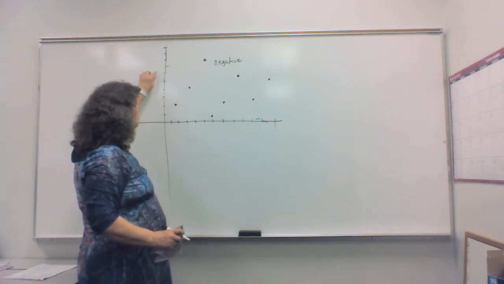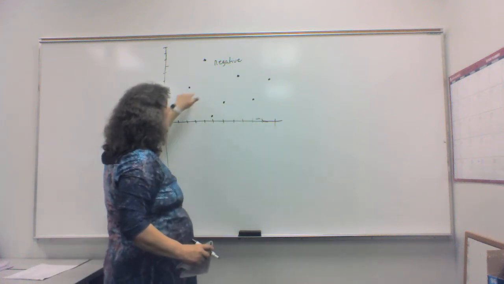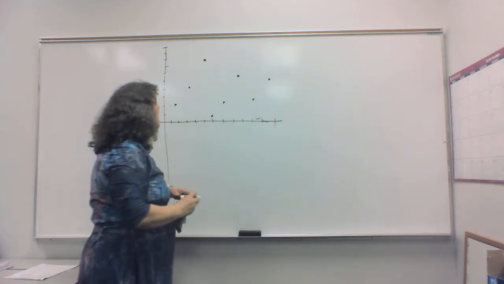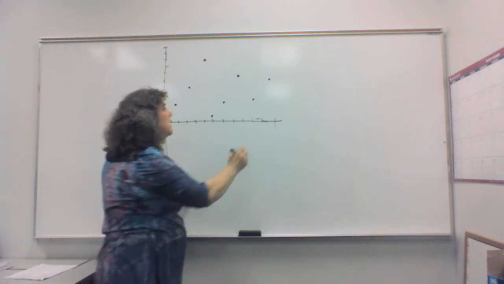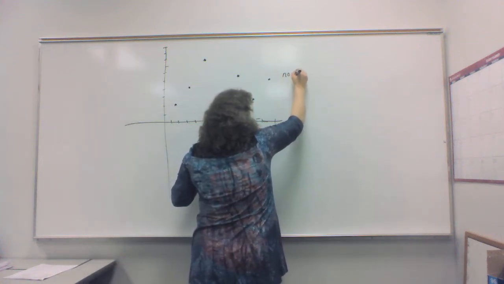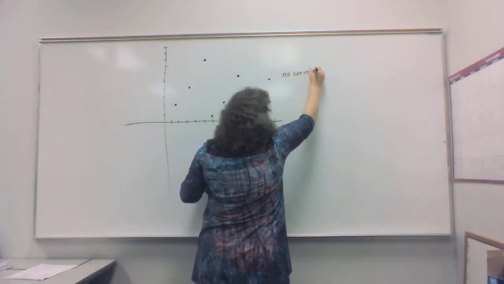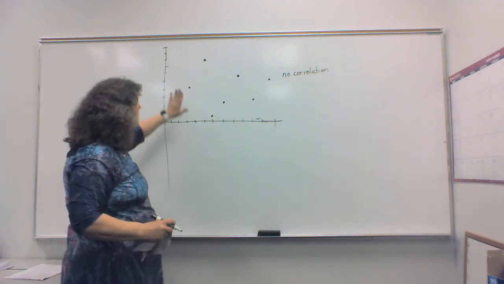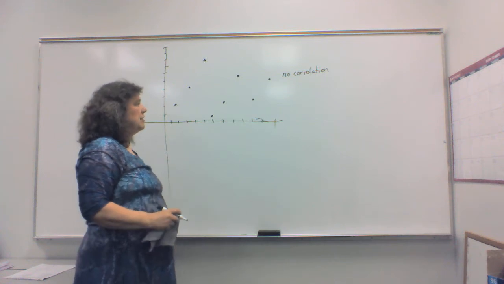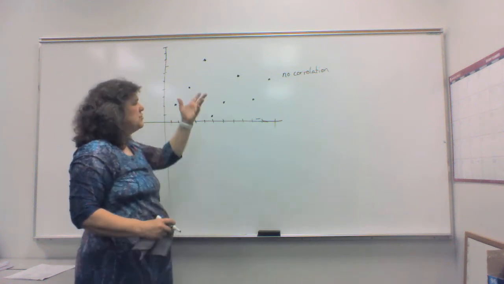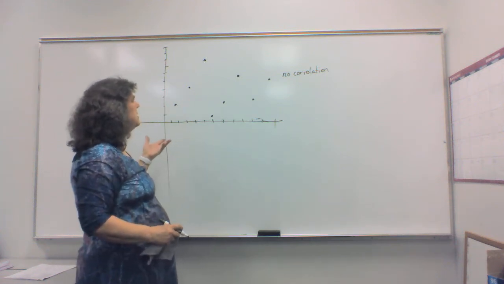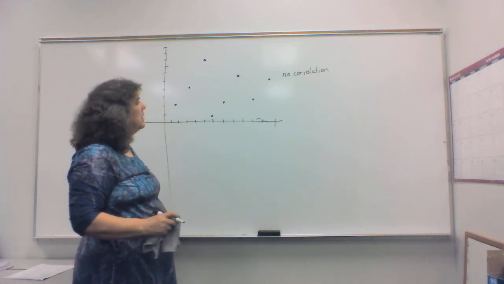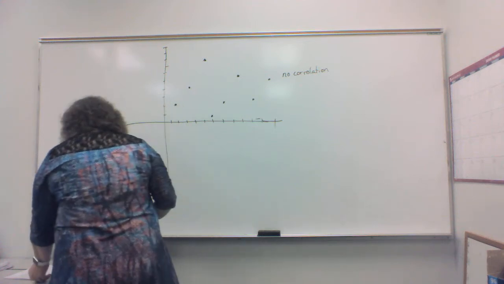There is no really true grouping in any direction. Therefore, this particular graph has no correlation, because they are not grouping towards any kind of a line. I mean, I can take any two dots in there and draw a line between them, but they're not grouping together towards any one of those lines. So therefore, it would be no correlation.